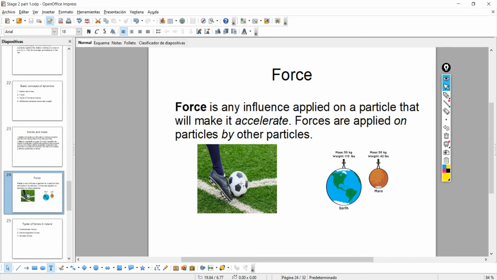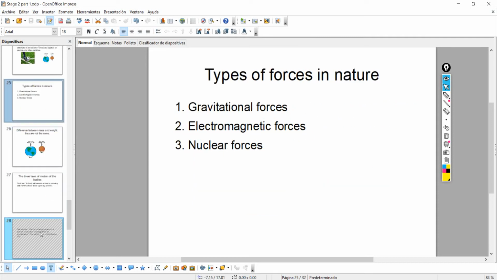For example, if this is your particle, the soccer ball, then when you kick it, basically what you're doing is applying a force on the soccer ball, and therefore it's going to accelerate. You're going to change the velocity of this ball. Okay, that's basically the whole idea about force.